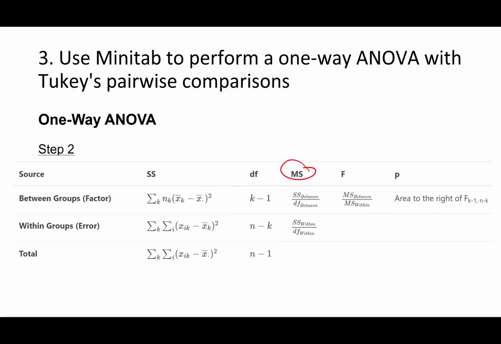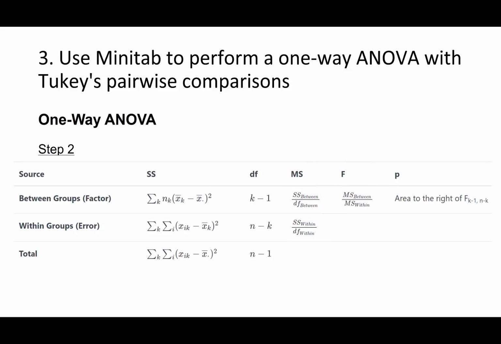MS stands for mean squared. This is a measure of the variance attributable to the differences between groups and differences within groups. If we divide the variance between groups by the variance within groups, we get our F test statistic. Because it's a fraction, this is sometimes also called the F ratio.